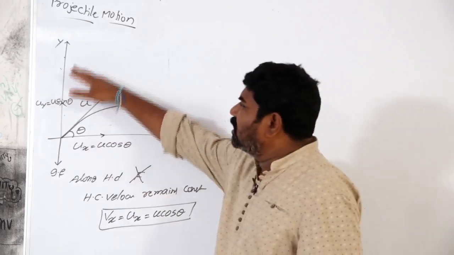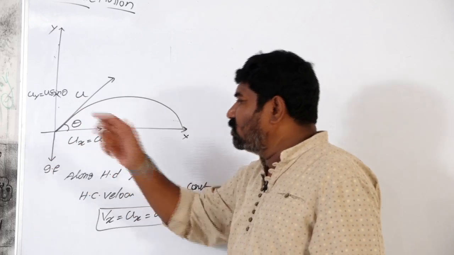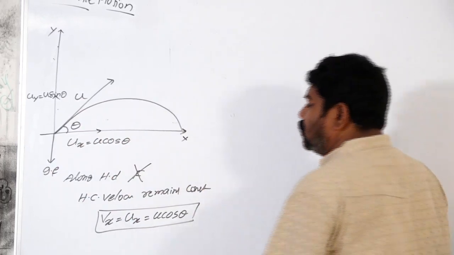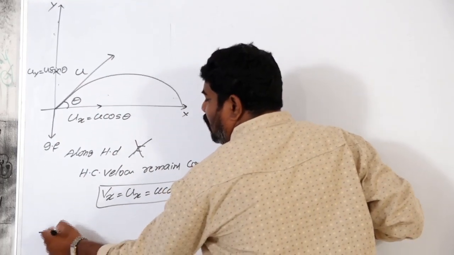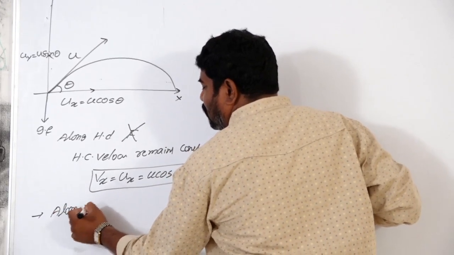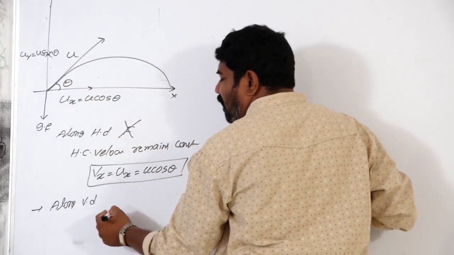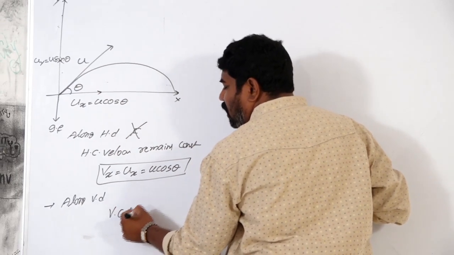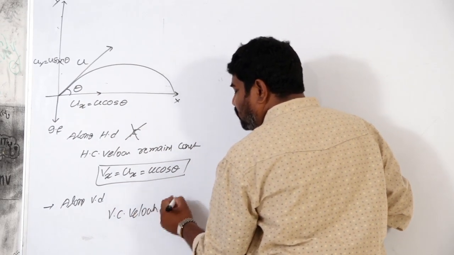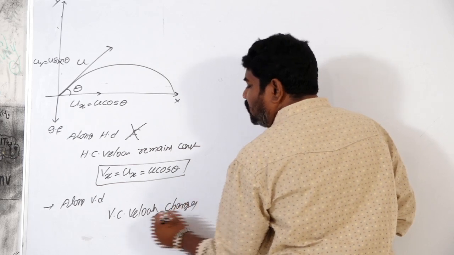But along the vertical direction a force of gravity is acting, so the vertical component of velocity changes from point to point.